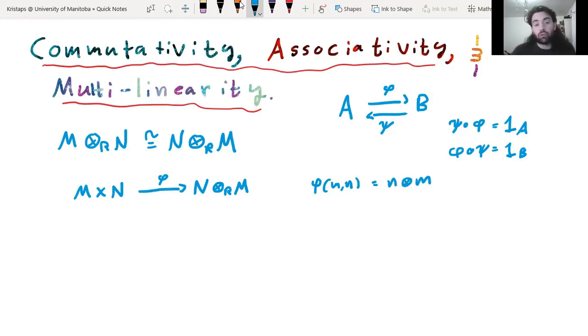In order to use the universal property of tensor products, we need to prove that this is a bilinear map. I'm just going to show this in one component. The proof in the other component is entirely similar.